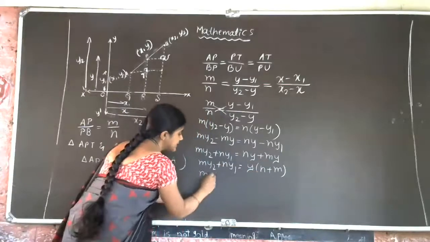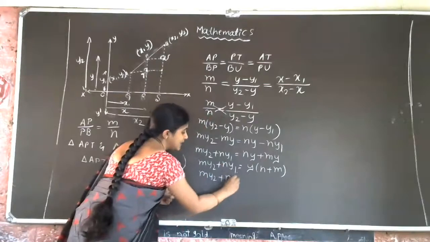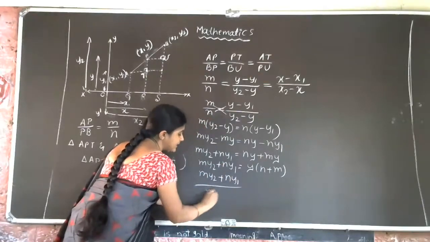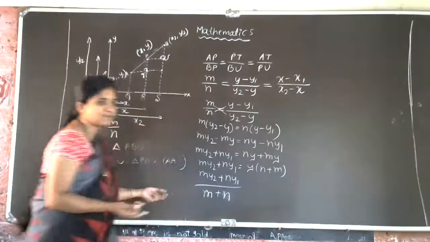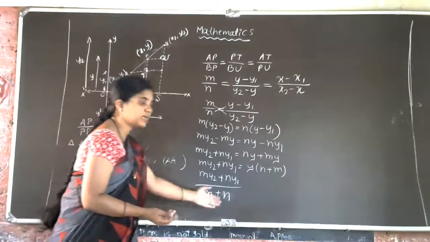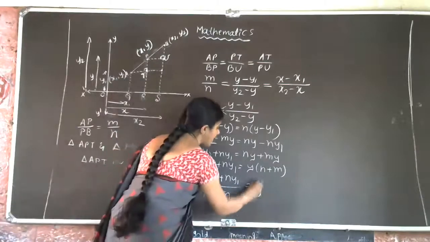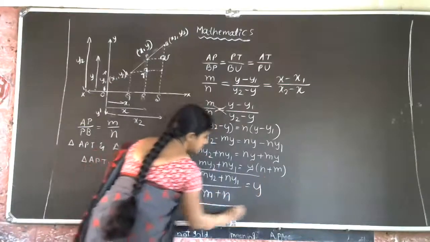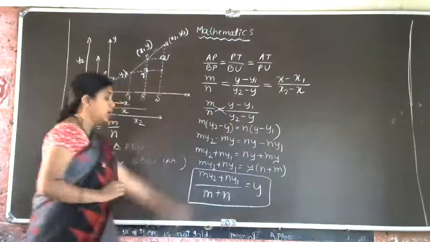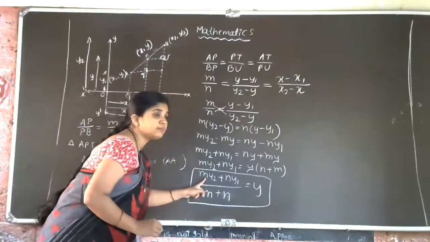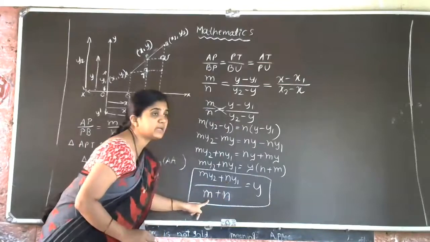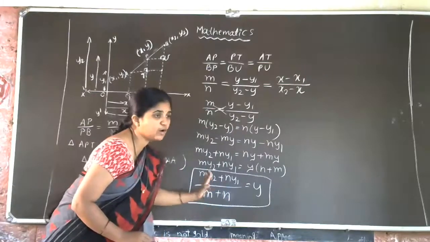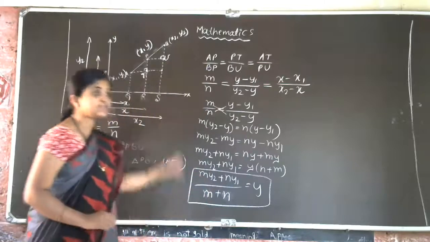That is MY2 plus NY1 divided by N plus M, or you can write it as M plus N also. Both are the same because it is a plus sign, and this is equal to Y. So Y is equal to MY2 plus NY1 divided by M plus N. Only one set we got the answer. Another set is pending.